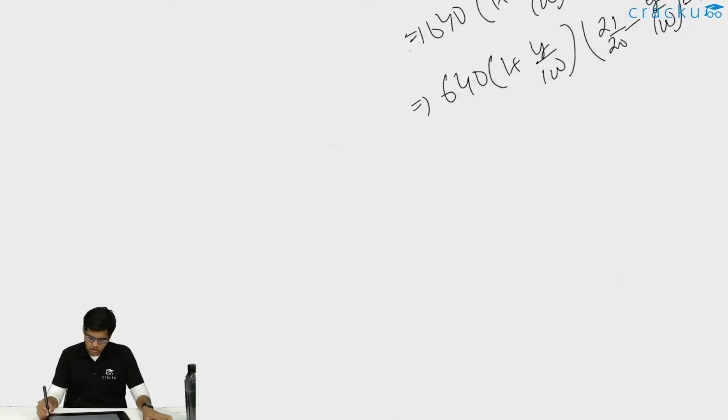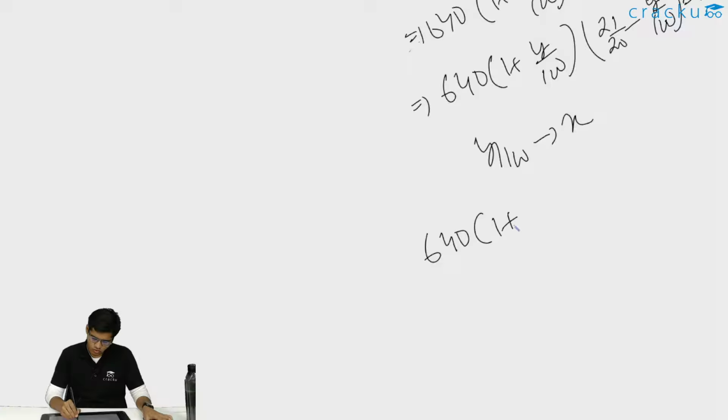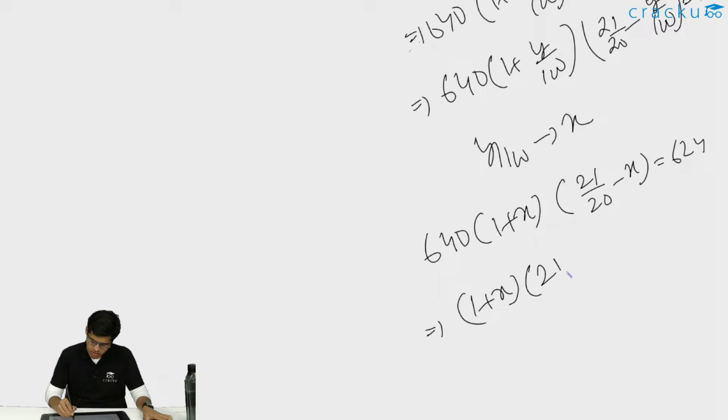So I can assume that this value y by 100 be x, let's say. So I can write 640 into 1 plus x, into 21 by 20 minus x. This is 624. Or 1 plus x, into 21 minus 20x by 20, equals 624 by 640.